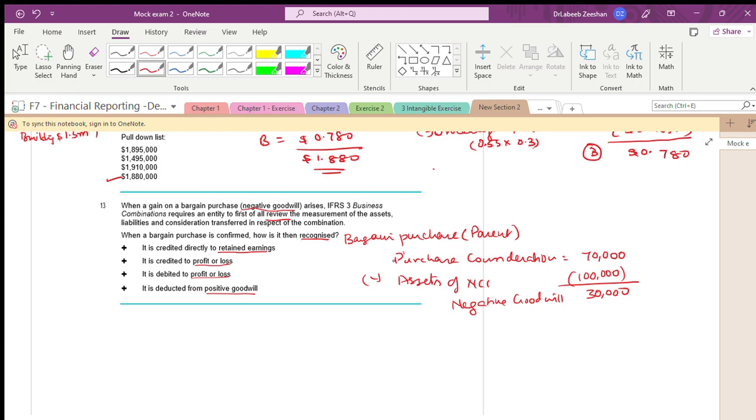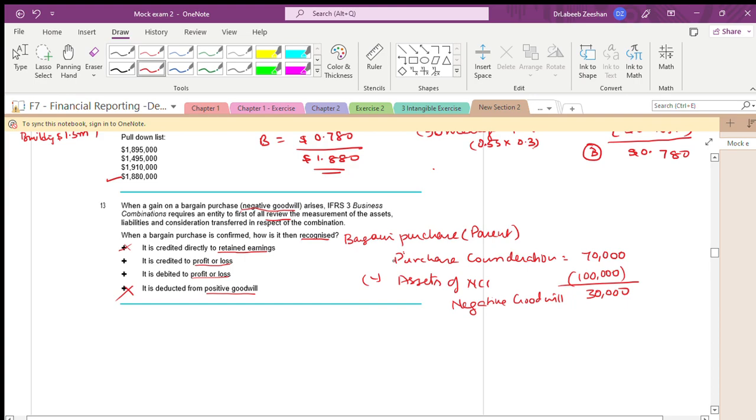First thing, in multiple choice questions, use elimination. We have never learned that there will be two goodwills, whether positive or negative. We never do any adjustments directly to the retained earnings.